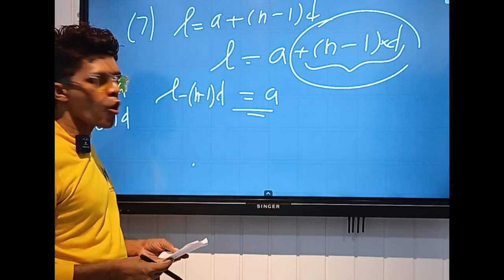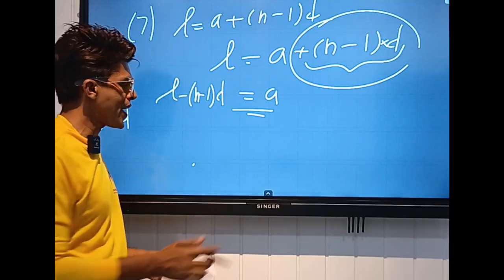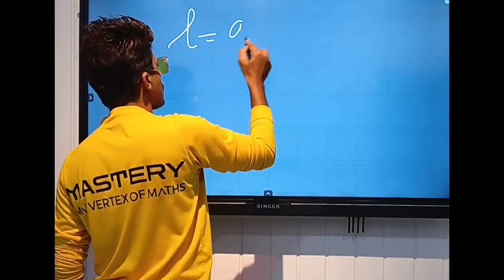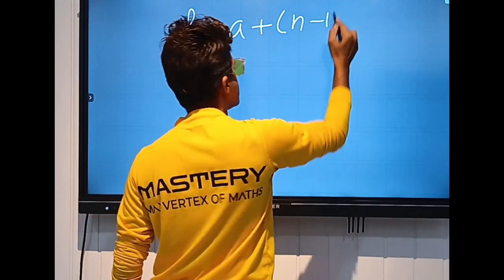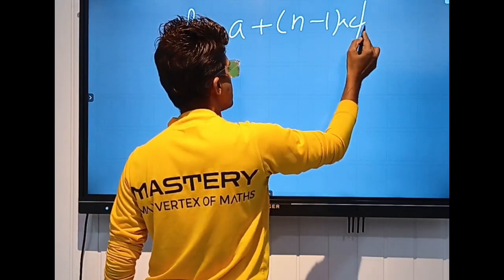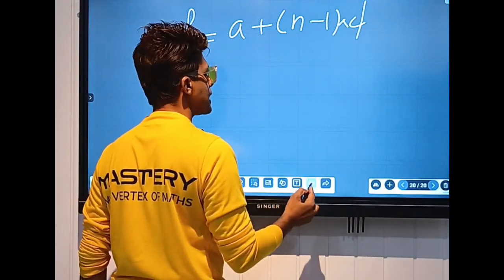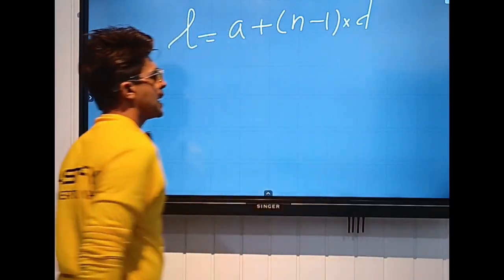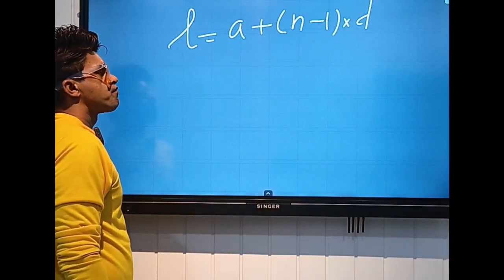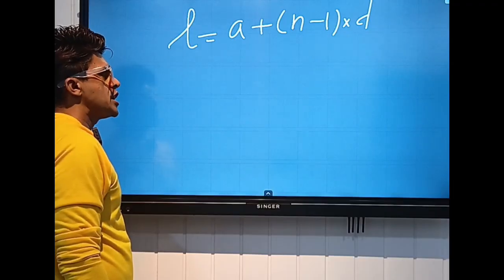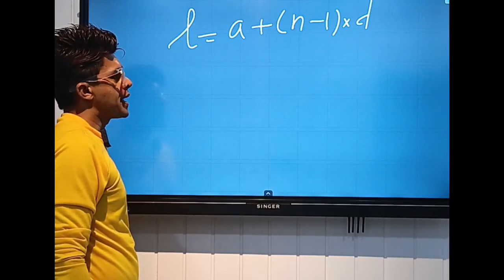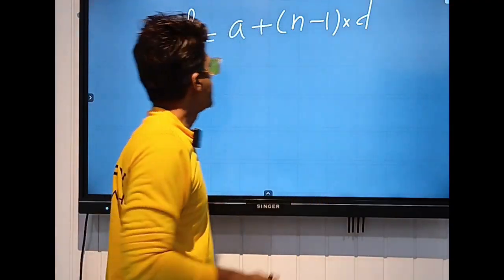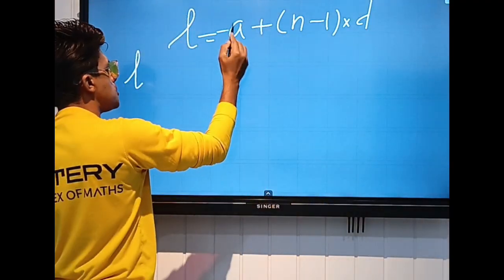And also we've been told to write the term D as the subject of this formula. So L equals A plus (n minus 1) times D. Here, don't forget it is multiplication: (n minus 1) times D. So we need to divide eventually by n minus 1. First of all, we bring this plus A here.